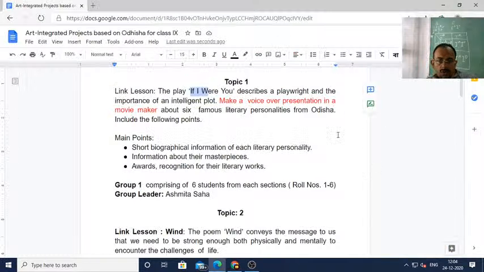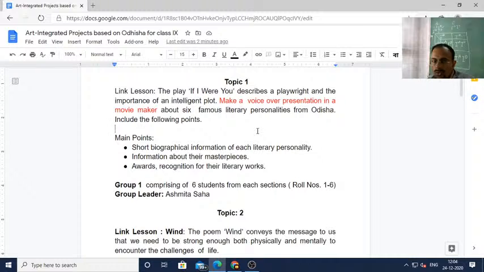Now you see, If I Were You describes a playwright and the importance of an intelligent plot. So you have to make a voiceover presentation in a movie maker about six famous literary personalities from Orissa. First select any six famous literary personalities from Orissa. He can be a novelist, a dramatist, or a poet.